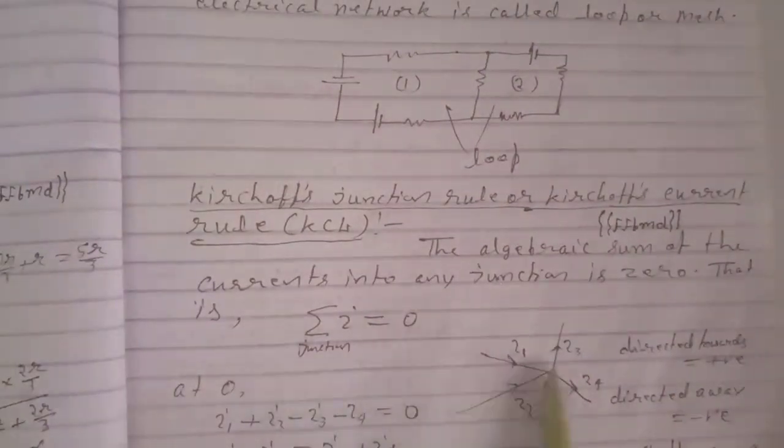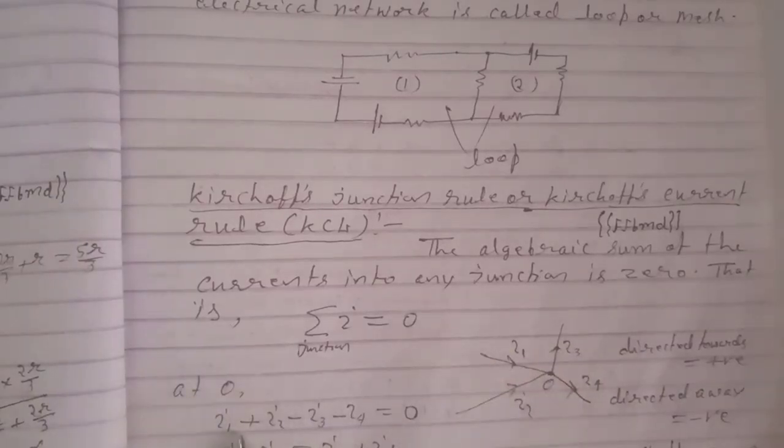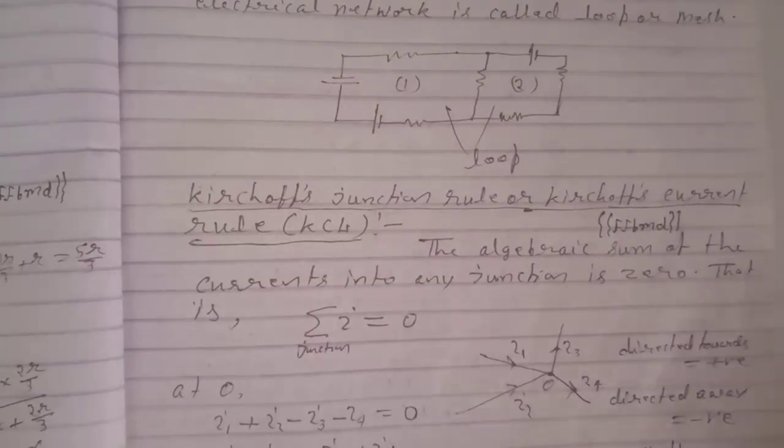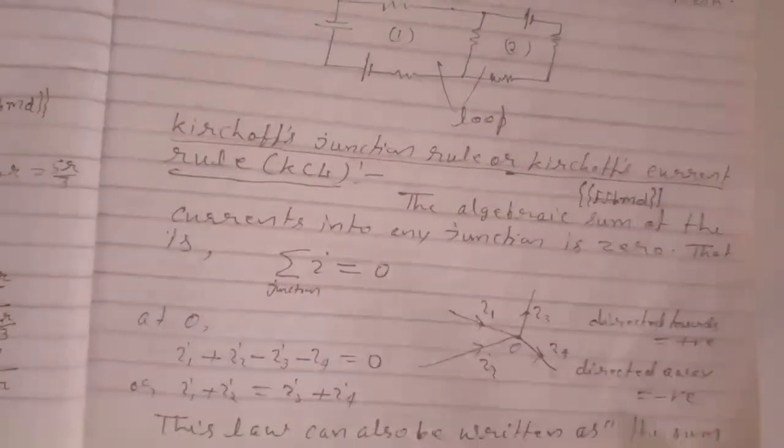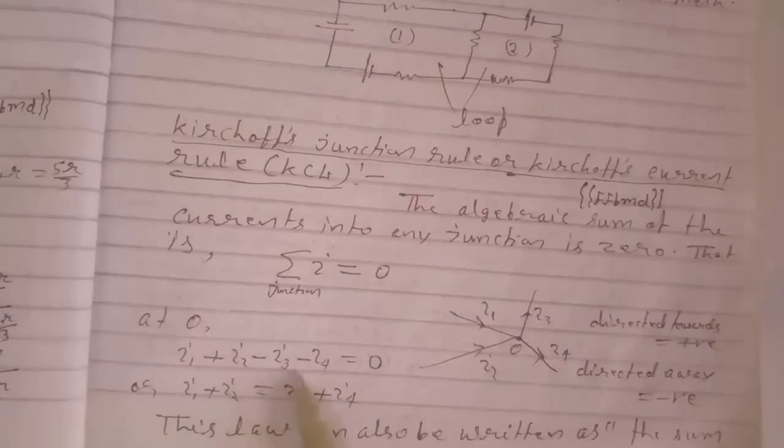Now from the junction rule, the sum of all these currents should be 0. So at O, I1 plus I2 minus I3 minus I4 should be equal to 0, or I1 plus I2 equals I3 plus I4.